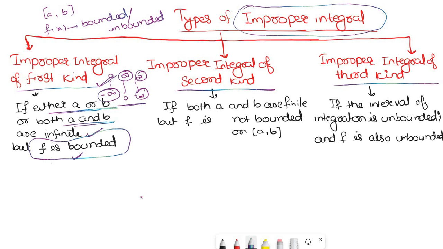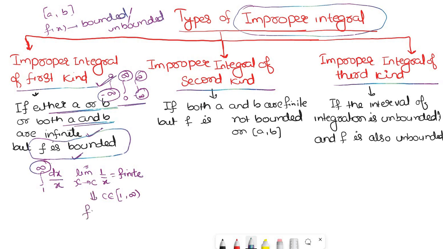So let us see the example for this. If we consider the integral from 1 to infinity of dx by x, here we can see that the limit is infinite, but if you calculate 1 by x at any c, where c can be anything from 1 to infinity, this is a finite value.